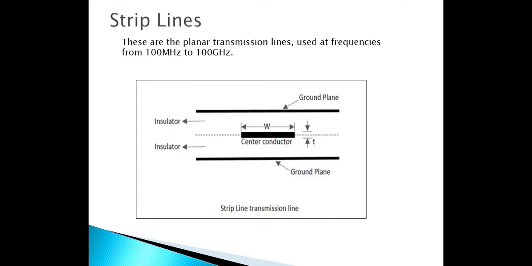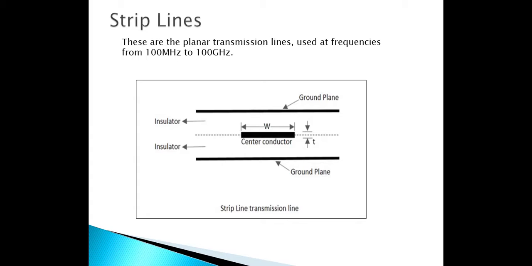Now we'll see the next type, that is strip lines, which is one of the types of transmission lines. These are planar transmission lines used at frequencies from 100 megahertz to 100 gigahertz.